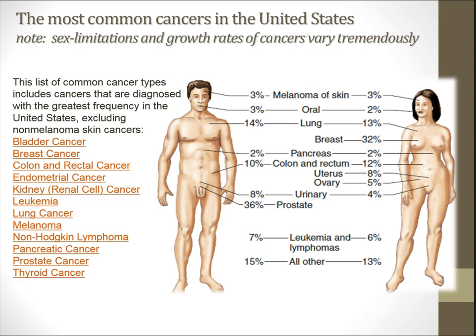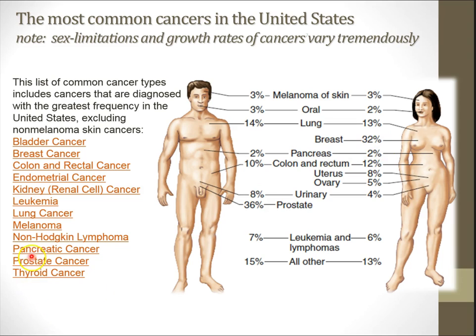So let's talk about cancers in the US. Most common cancers are listed here, and of course the most common cancer in males is prostate cancer, and the most common cancer in females is breast cancer.